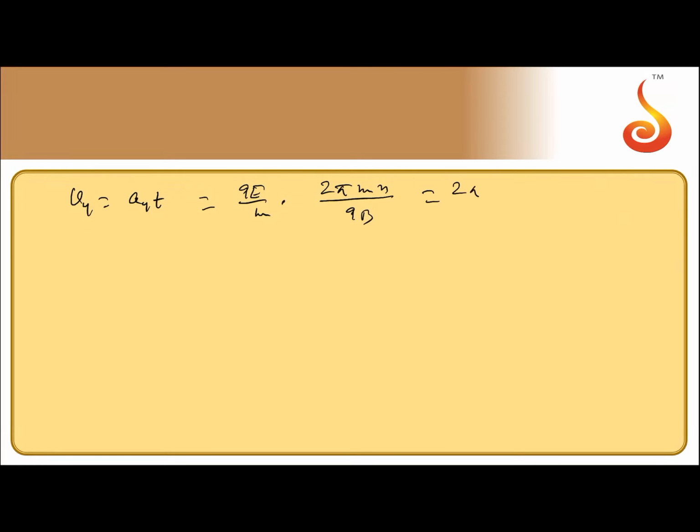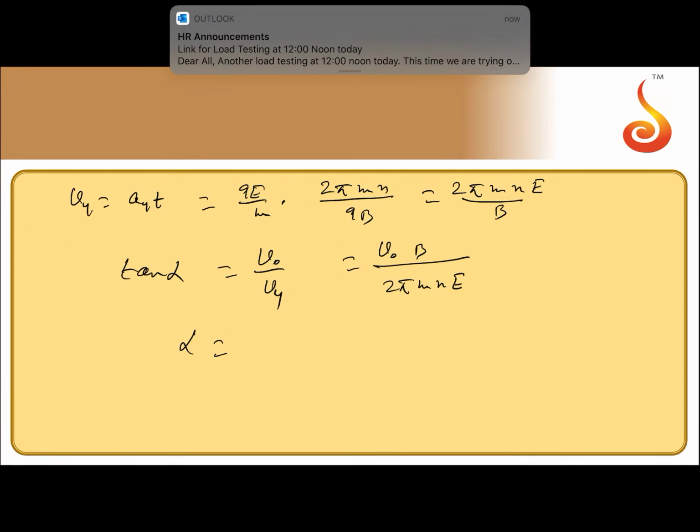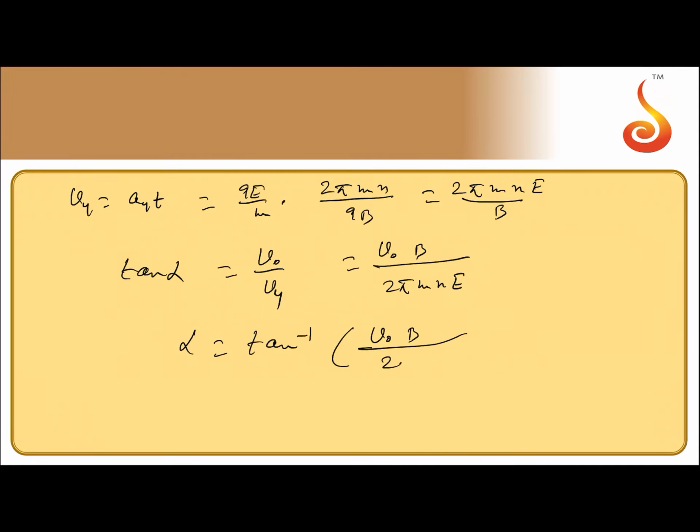So this will be 2 pi m n e by b. So that angle will be given by V naught b by 2 pi m n e. So alpha is equal to this, so this is option B.